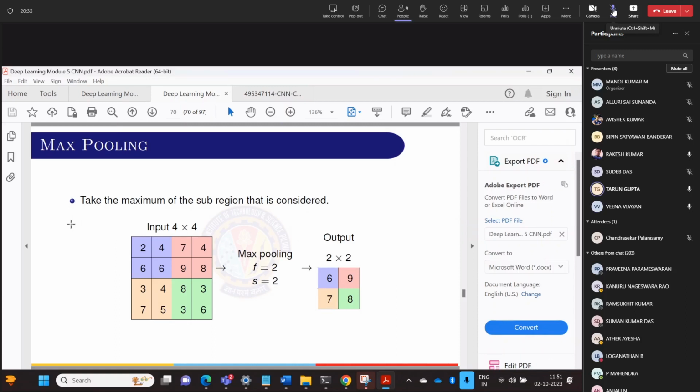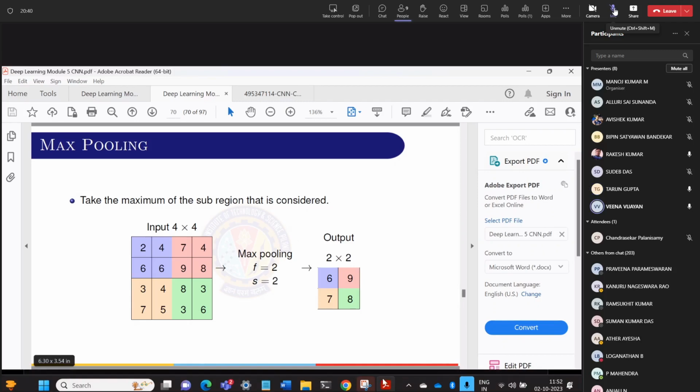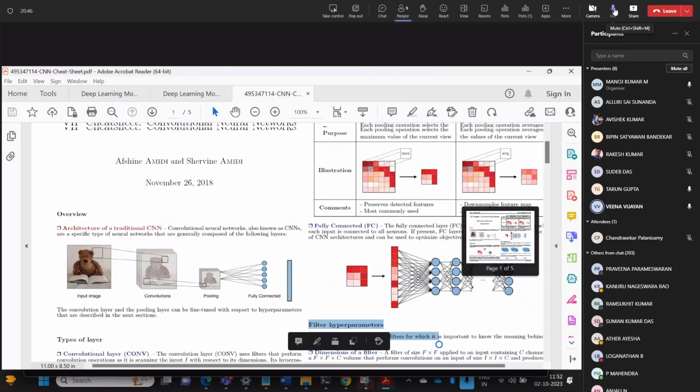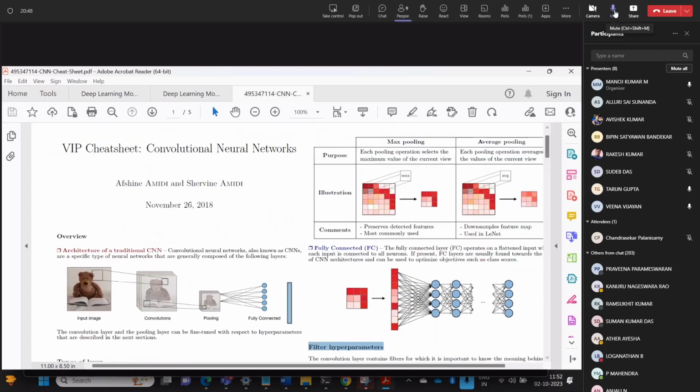So, what is the objective of max pooling? Sorry, I didn't understand that. That's where I find this cheat sheet useful. You're able to see this, right? Yes, Veena, it's visible. So what they are telling is the same as what we know.